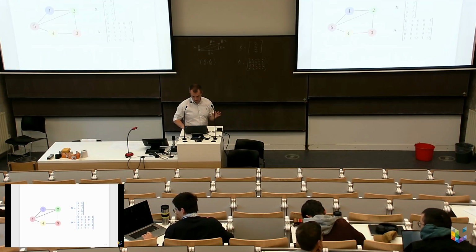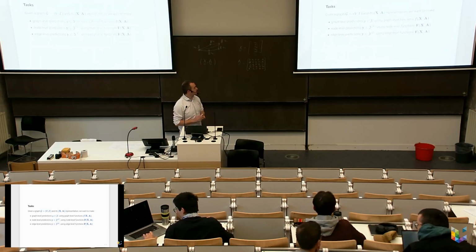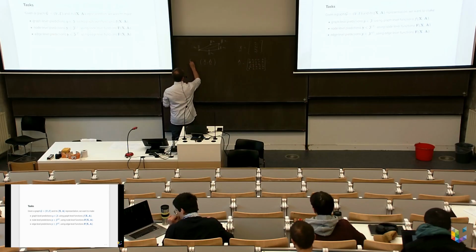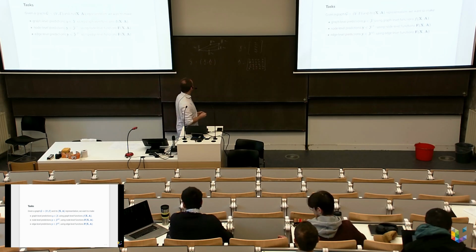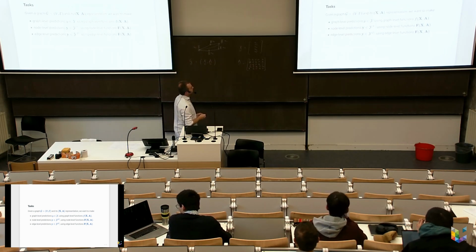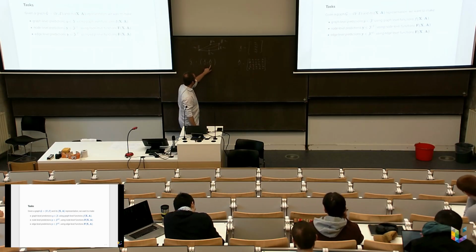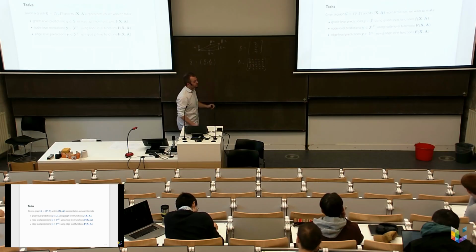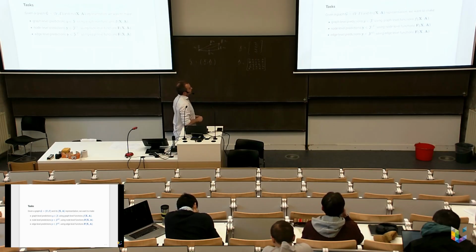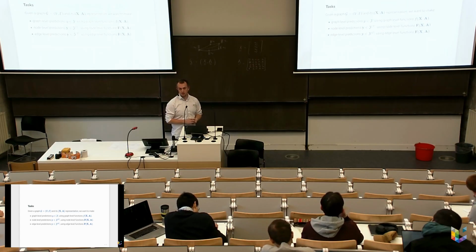All right, so this is done. Now what are the tasks we'll consider today? Given a graph, which is this pair of nodes and edges, which I represent as this matrix of features and this adjacency matrix, we can design several tasks on top of these graphs.